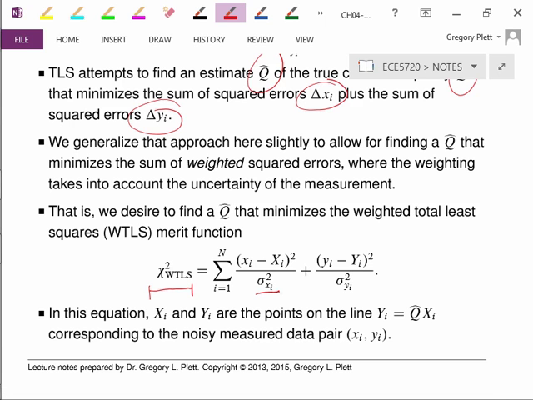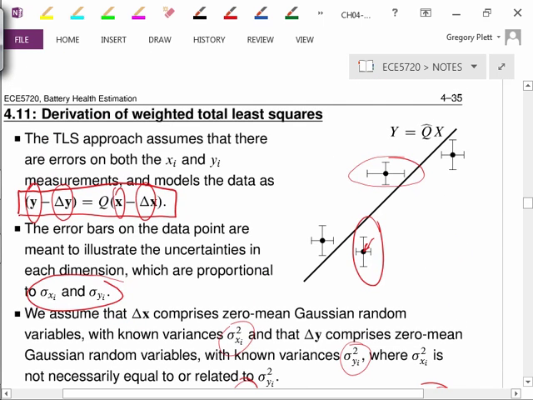We have a little different idea here, though. Going back to the picture, when we were looking at the ordinary least squares, we said that the x was perfect, so I would take a little yi and make a capital Yi like this, using exactly the same value of x. Now we are no longer assuming that x is perfect.